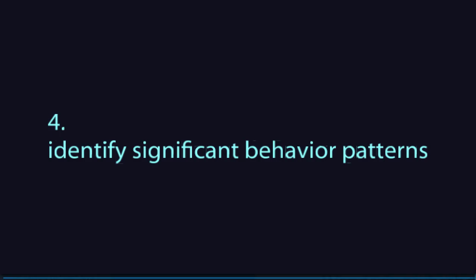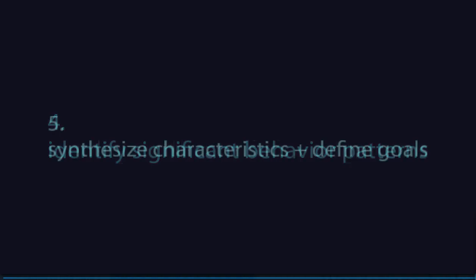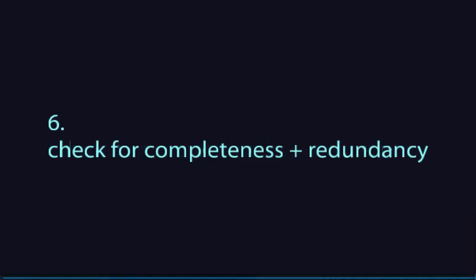So we identify the significant behavior patterns and cluster the subjects to behaviors, and synthesize characteristics and define goals, and we derive the goals from behavior. And we check for completeness and redundancy among personas, and we may design several personas.